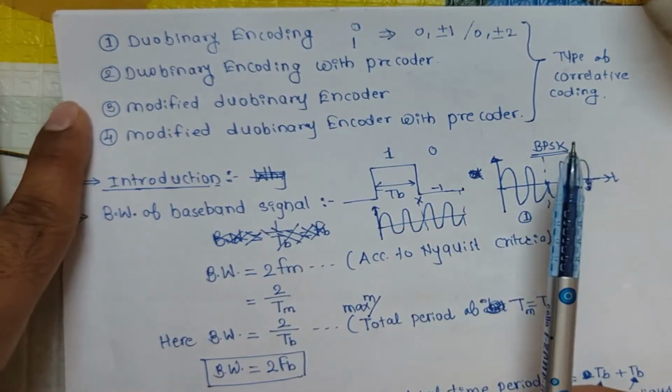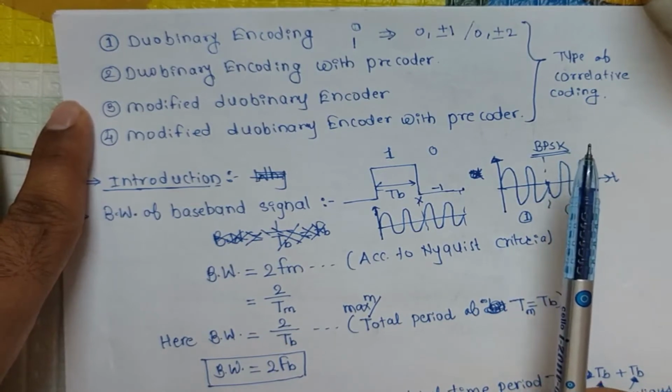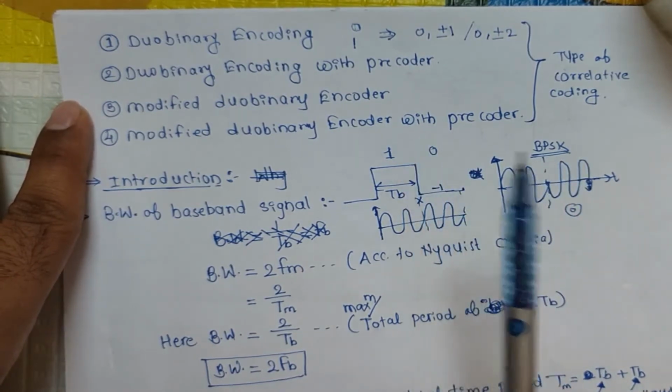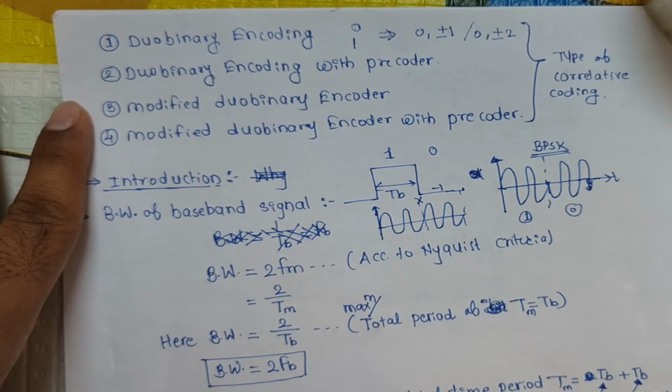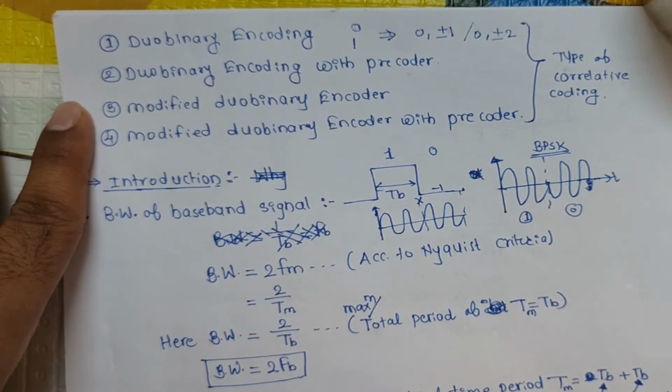First of all, you should know what baseband binary transmission means. It means we send the baseband signal over the channel as it is. We can't use any modulation technique here, meaning we are not mixing any carrier signal into the message signal. So in baseband binary data transmission, we transmit the baseband signal as it is.